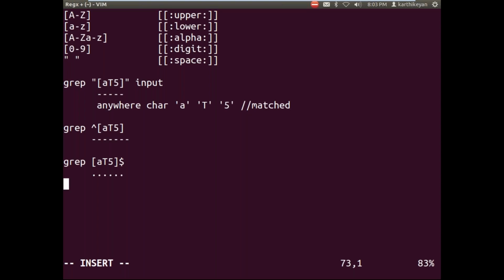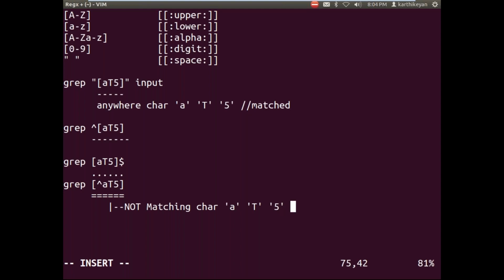Now if you write the anchor inside the square bracket, A T 5, what does it mean? This is the not operation: not matching character A, not matching character T, not matching character 5.